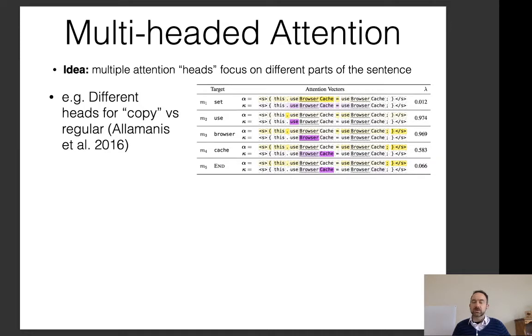And so if we wanted to do something like this, we might expect that the kind of head that's pulling in lots of contextual information would be spread out more across the sentence to pull in all of the relevant context, whereas a head that was focusing on copying individual words would want to be more focused, like an alignment model, like I talked about before.